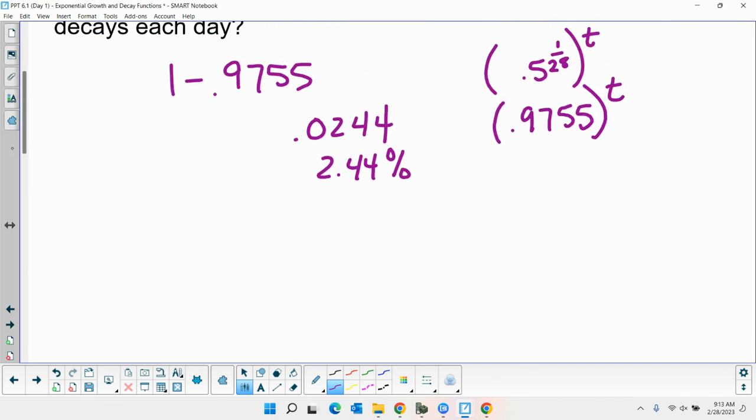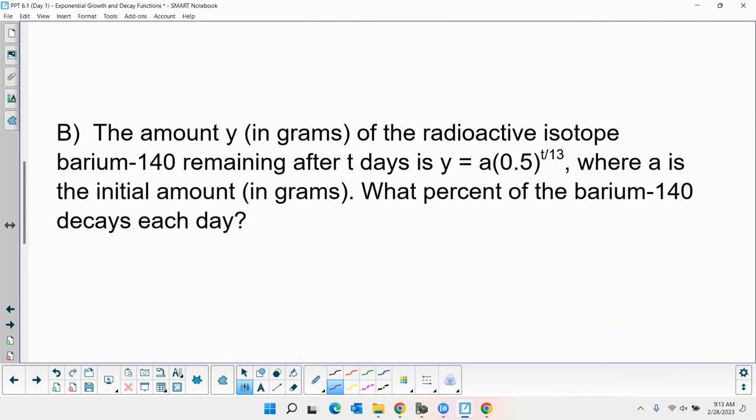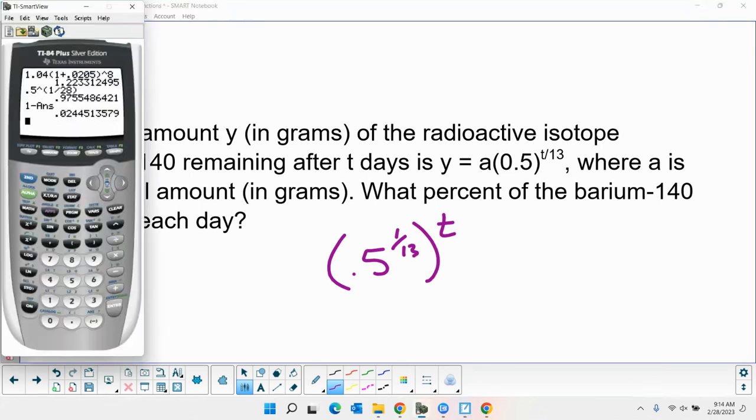Questions? So this one's real similar. This is T over 13. So this time I have to do 0.5 to the what? Since it's T over 13. 1/13, yeah. Like that. So then you go back into your calculator, and do 0.5, again, caret to the 1/13 this time.